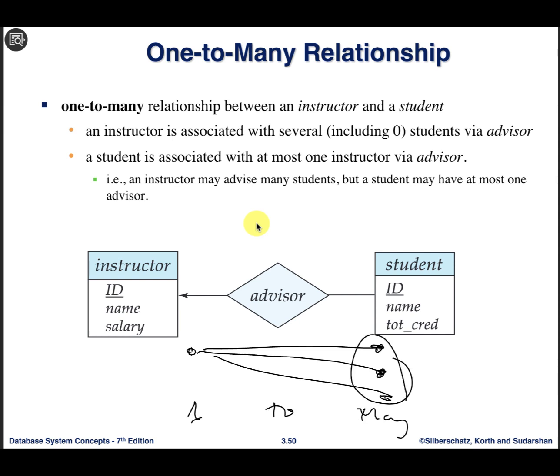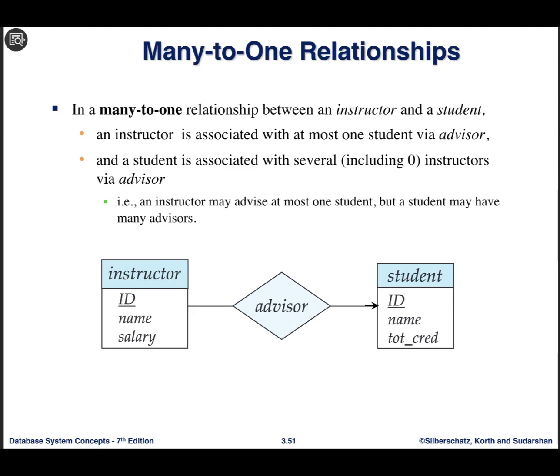If you draw this diagram, we can tell whether we want many to one, etc., based on the description. From where did you get this information? You got it from the domain that you are trying to build, or during the user interview we deduce this information, or those are a set of constraints that we need to enforce. In many to one, in this case, assume that the instructor may advise at most one student, but the student may have many advisors.